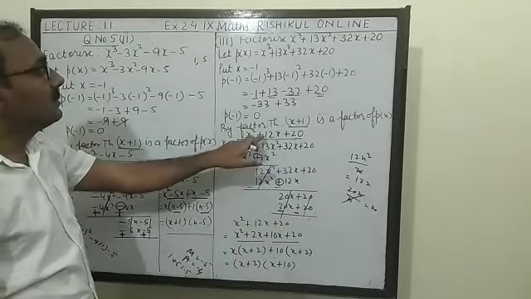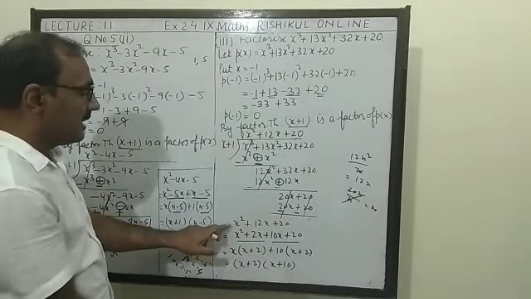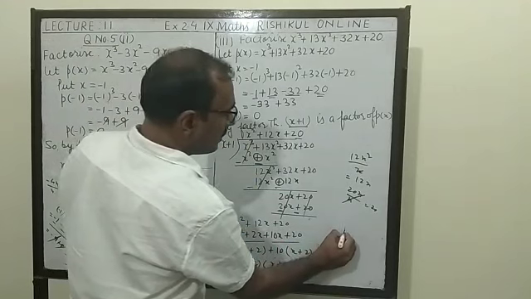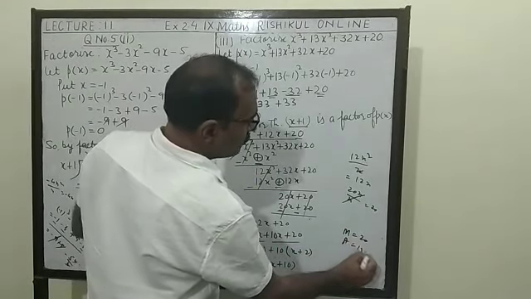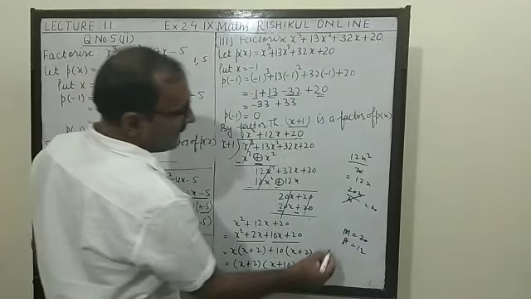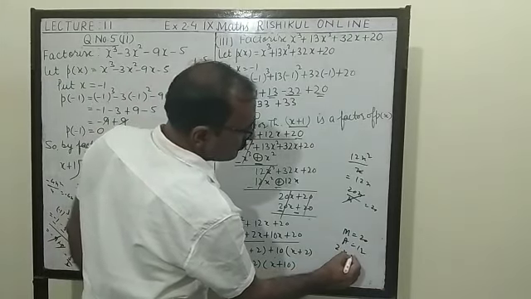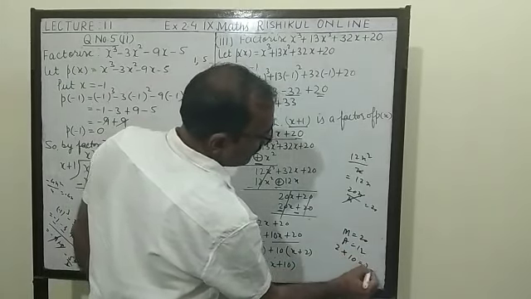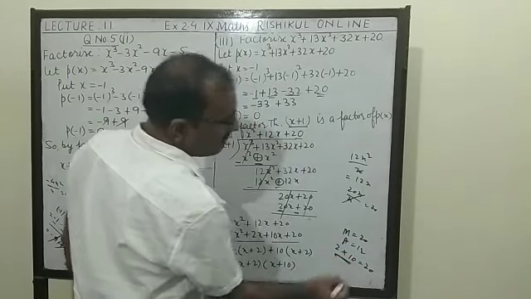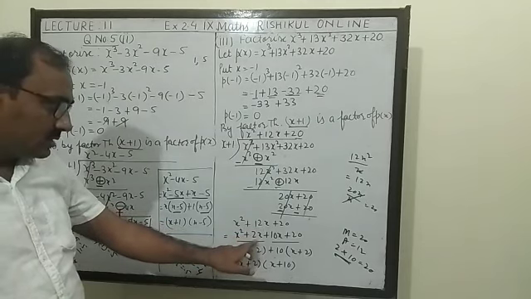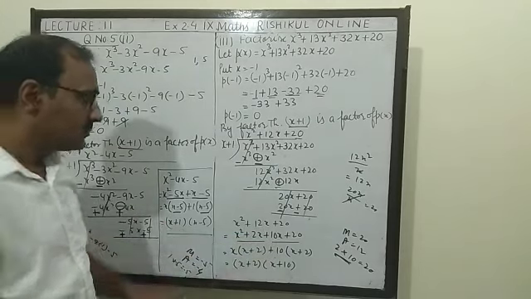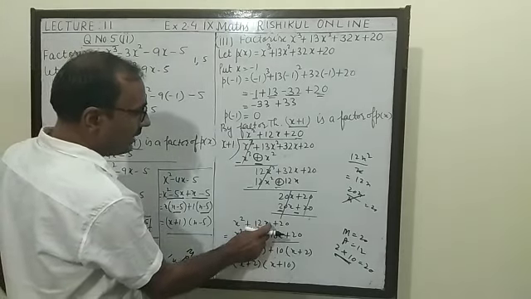Now split the middle term of this quotient: x square into 20, the product must be 20 and the addition will be 12. So you can guess 2 into 10 equals 20, addition is 12. So in place of 12x you can write 2x plus 10x. These you add together.